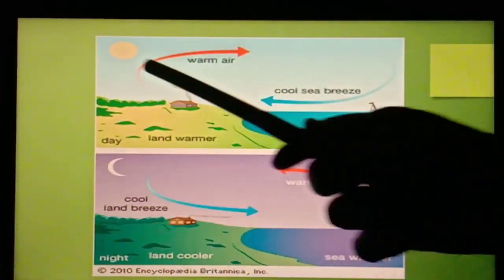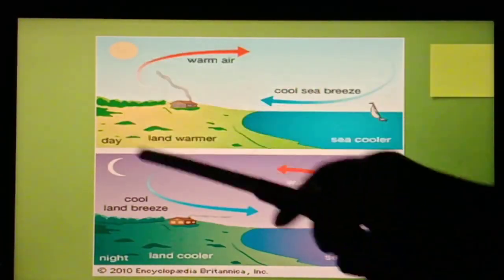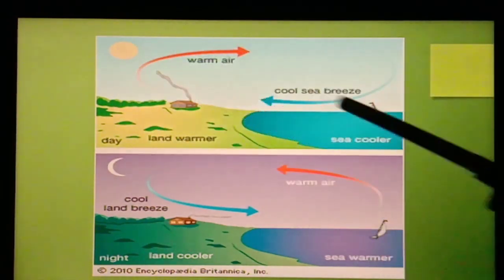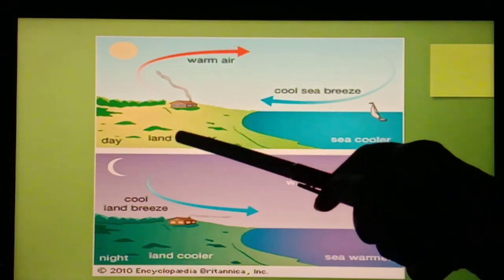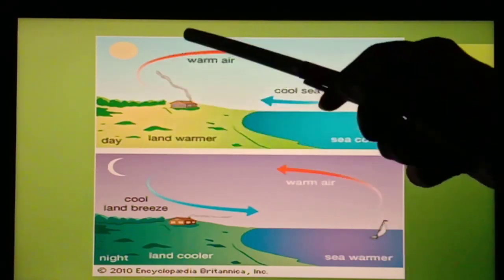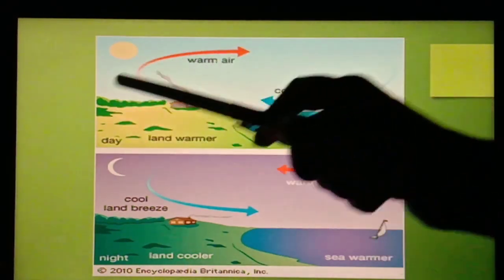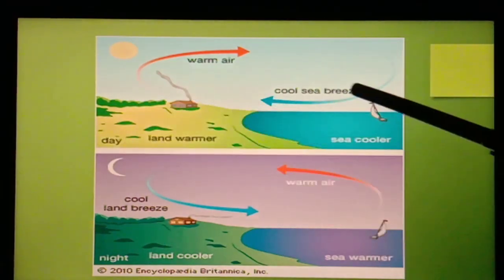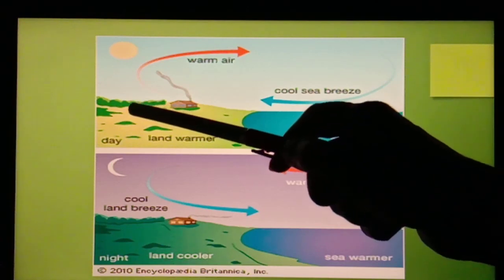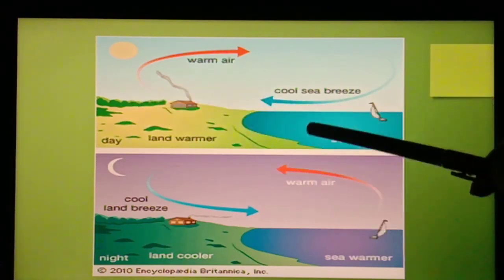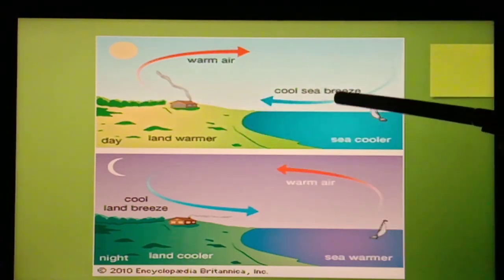As you can see, in the daytime, the land gets warmer, whereas the sea is cooler. So the hot air rises up, leaving this place vacant. That's why the cool sea breeze from here moves towards the land. This is called a sea breeze.